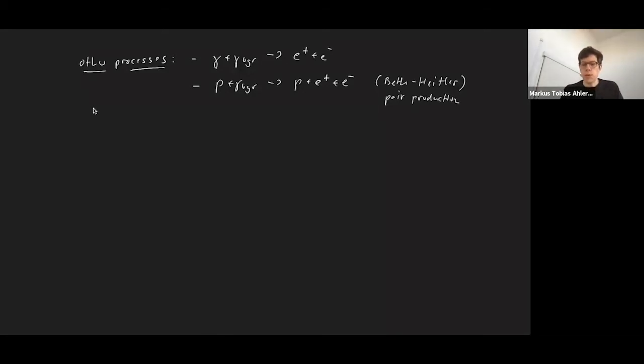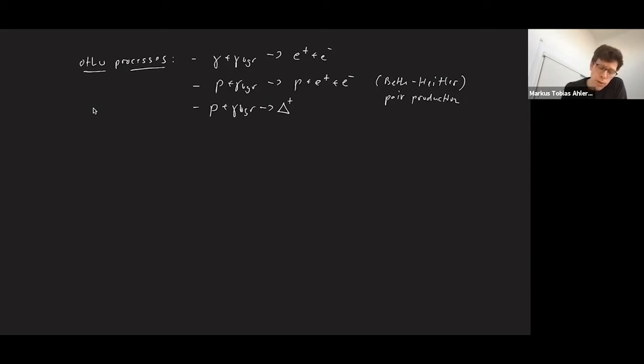Of course, cosmic rays can also interact with the background via a photohadronic process. For example, you can produce here a hadronic resonance, a delta plus, which is basically a part of the isospin multiplet of hadrons, if you remember your particle physics course.